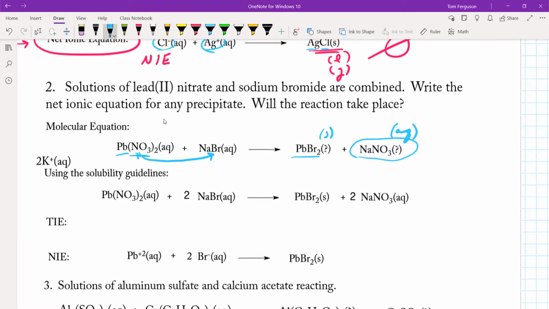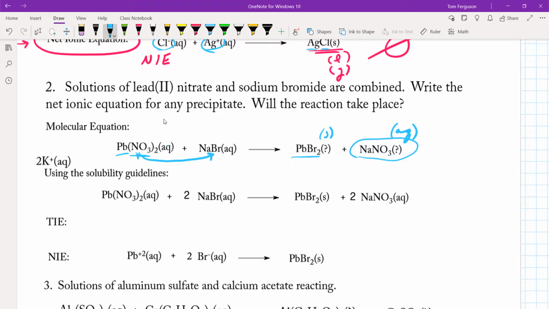Okay, the next question is, we're going to write the three equations. The first equation is going to be the molecular equation. That's where we have no ions shown.